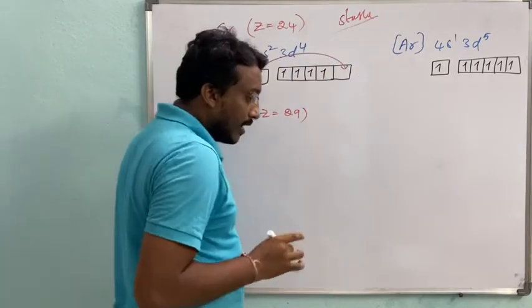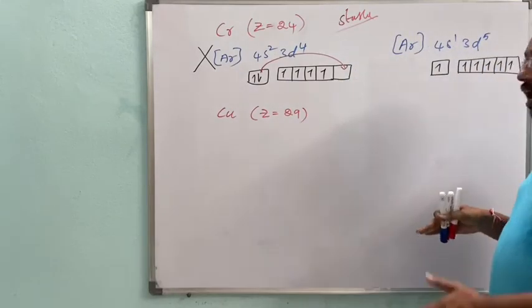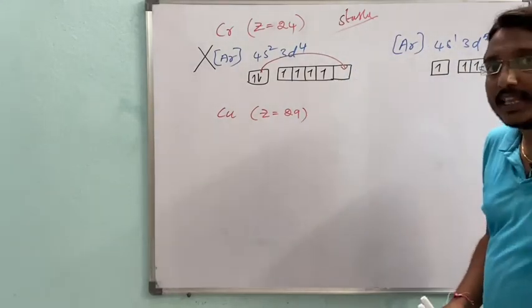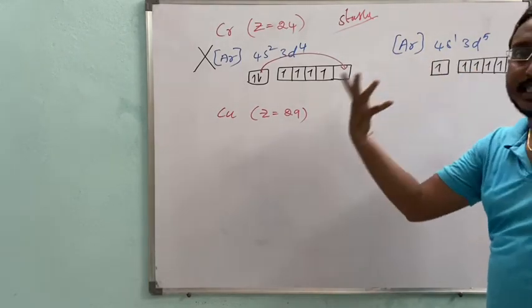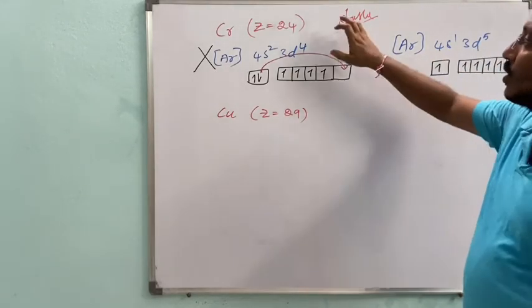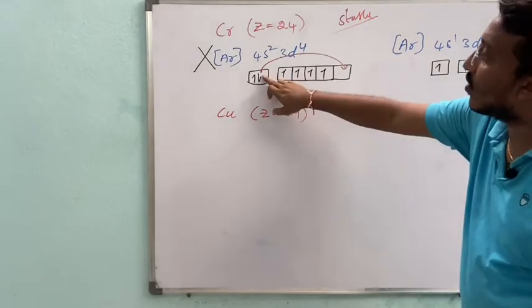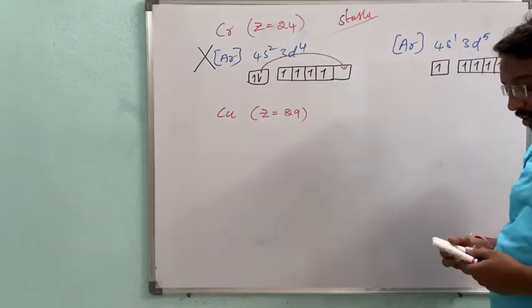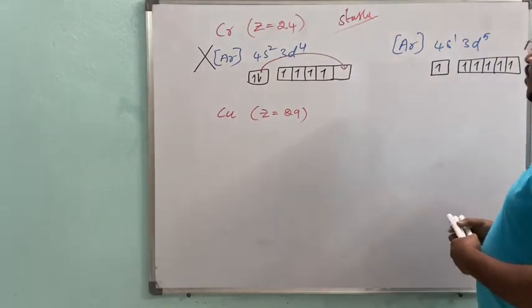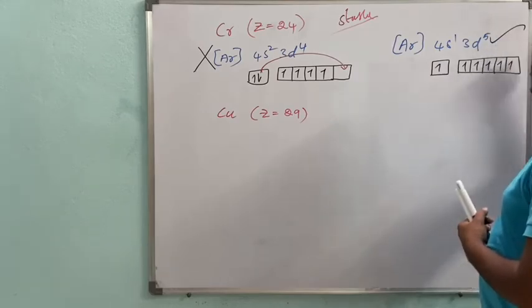When an atom is stable, if the orbitals are half filled or otherwise completely filled, then they get more stability, right? Here, to get more stability for the chromium atom, the electron from the 4s orbital jumps into the 3d orbital, and now this is the correct way to write the electronic configuration.